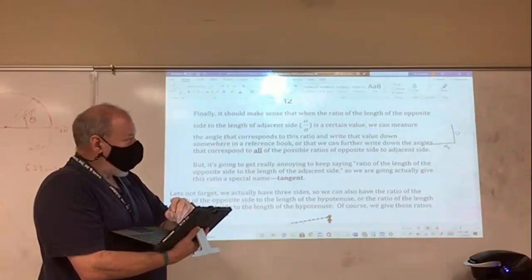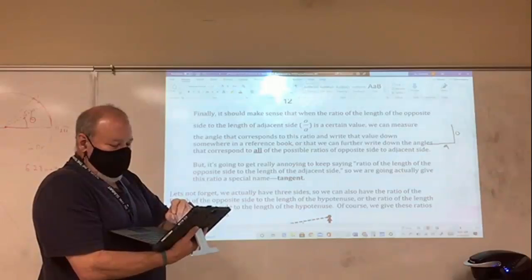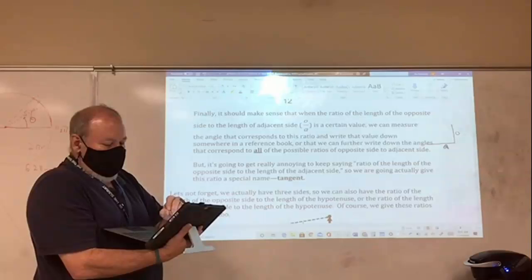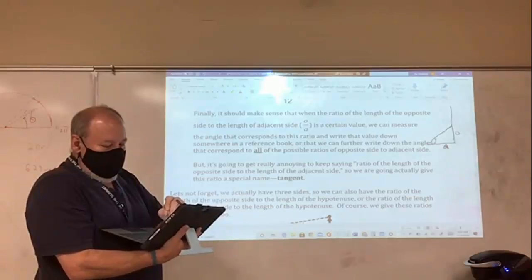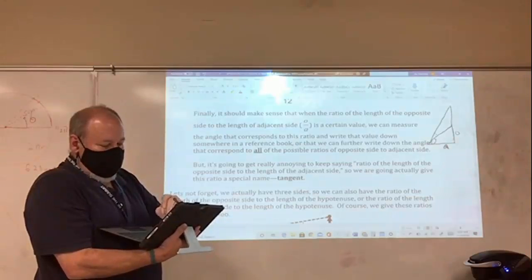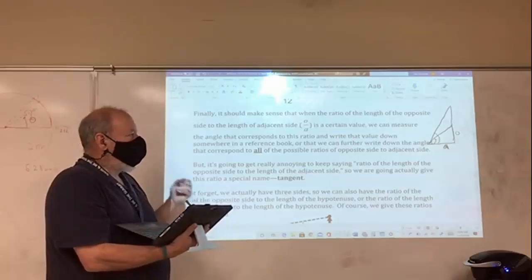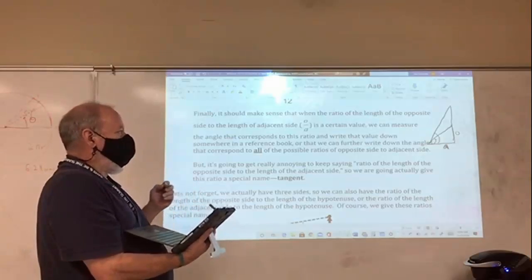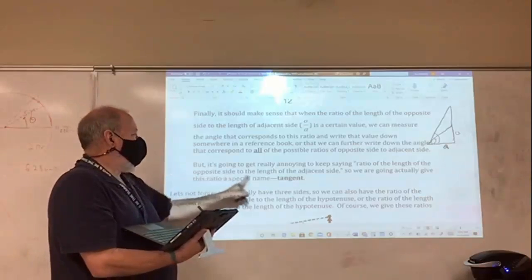We've got the opposite side and the adjacent side here. So whatever that ratio is, we can write down the corresponding angles. So whether it's this angle or this angle, whatever it is, we can write those ratios down, or we can let a calculator calculate them. And we're going to call this the tangent.